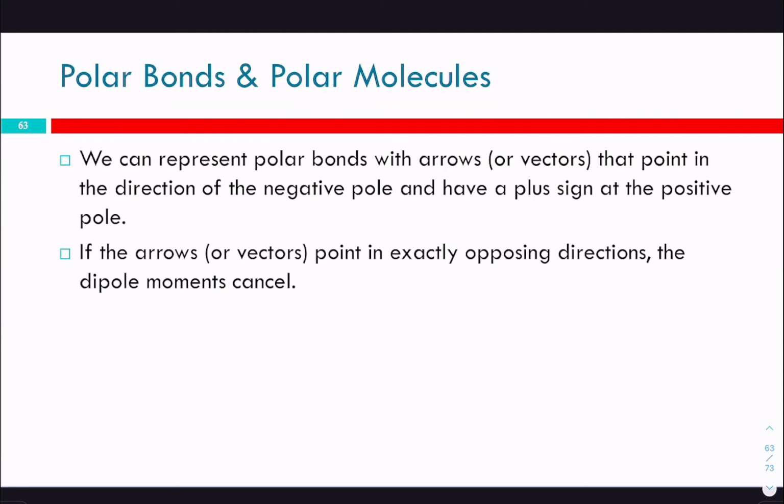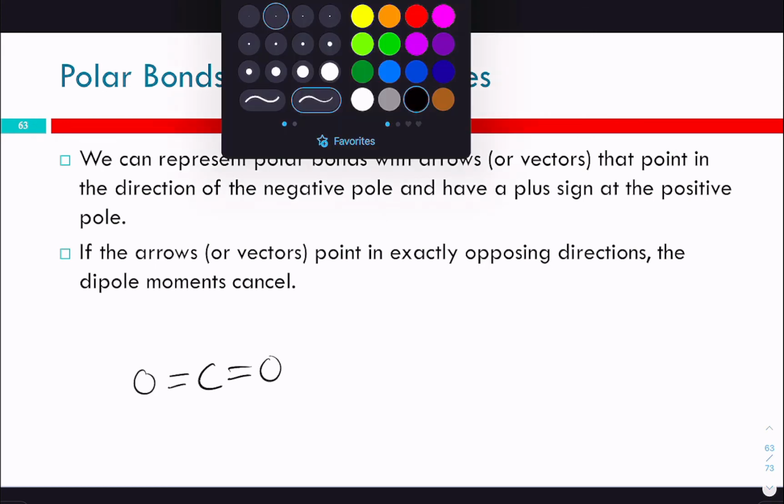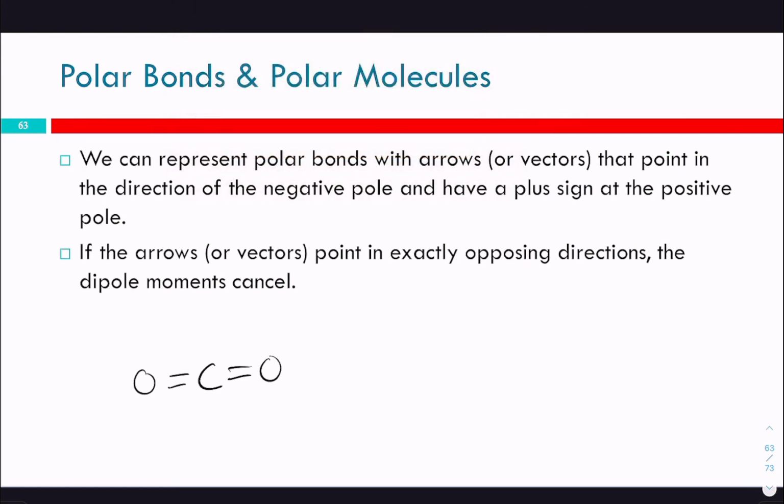So we can represent our polar bonds with arrows or vectors that point in the direction of the negative pole and have a plus sign at the positive pole. So let's do carbon dioxide again. Let me switch colors. I think this one shows up. So here our dipole moment, the oxygen's more electronegative than carbon, so it's going to have the negative.